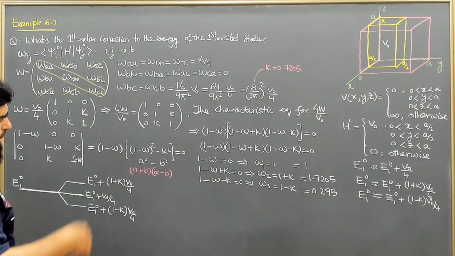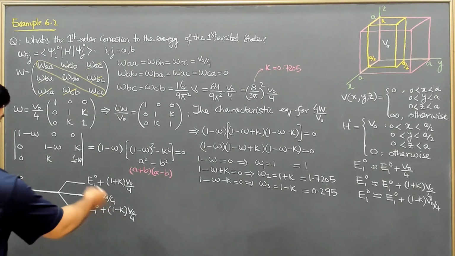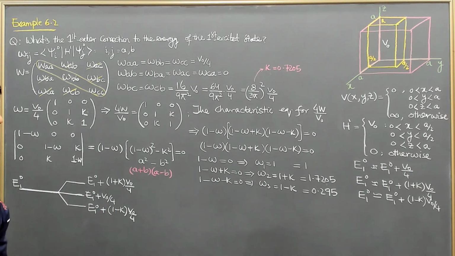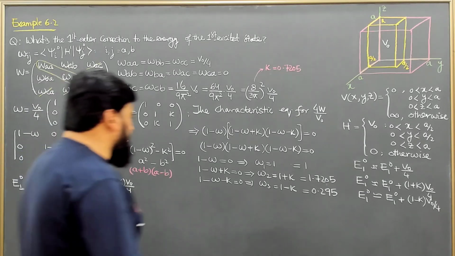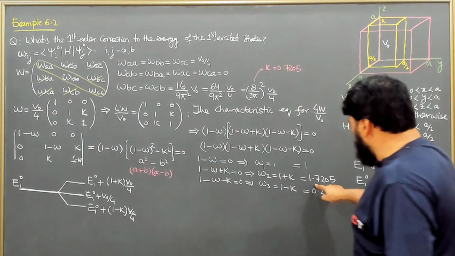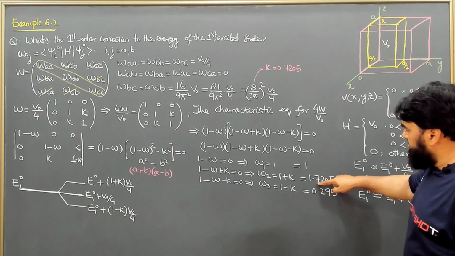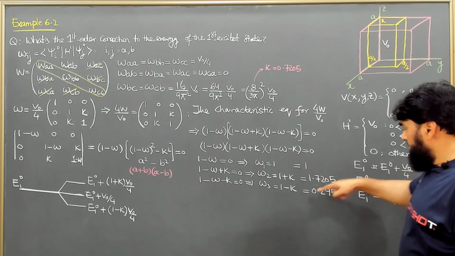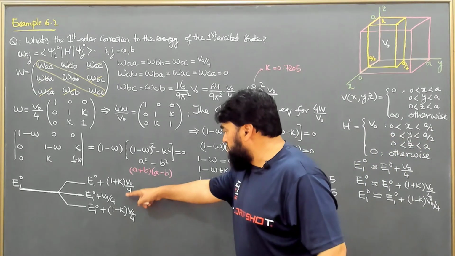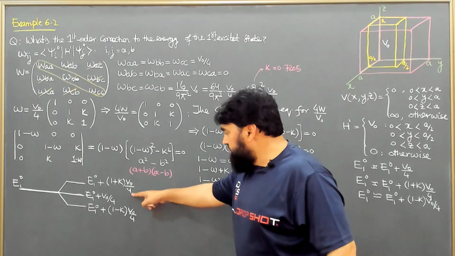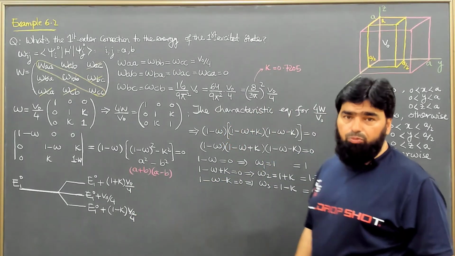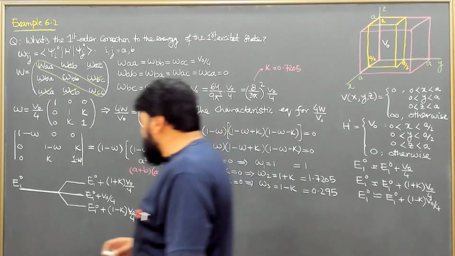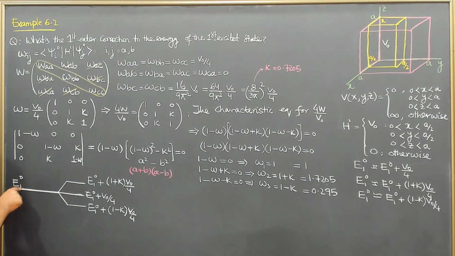Or we can put in the value of kappa and write how much this has shifted, because 1 plus kappa means this energy has gone up by this much and down by this much from this one.